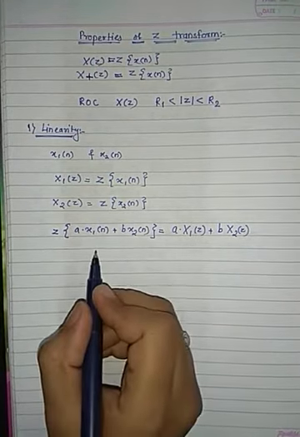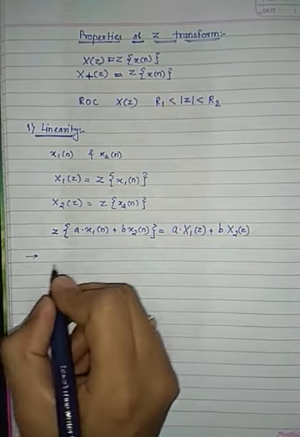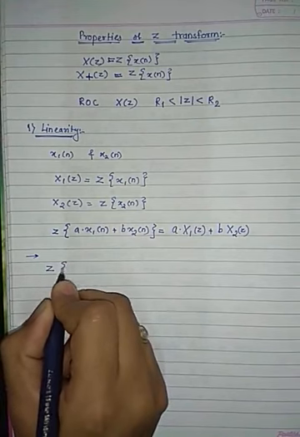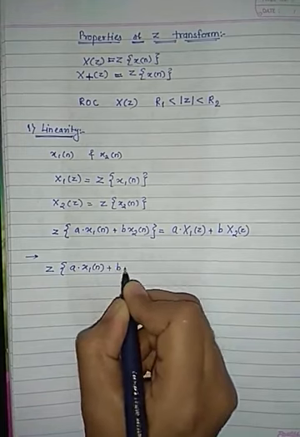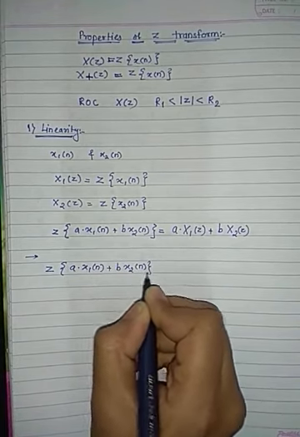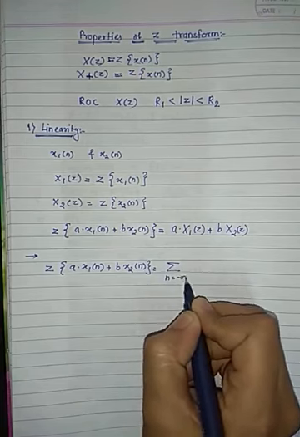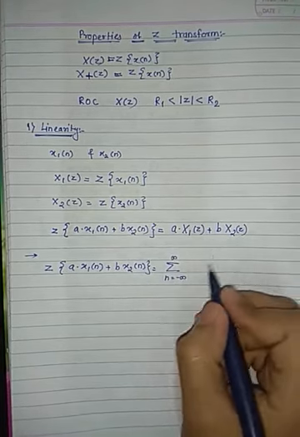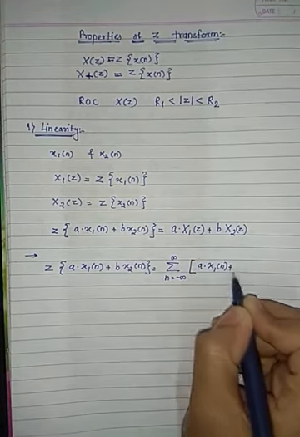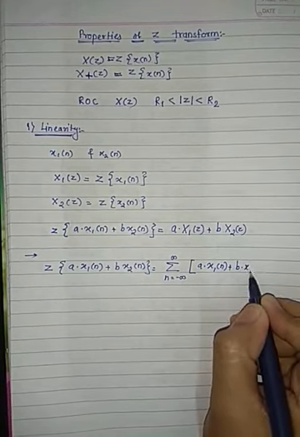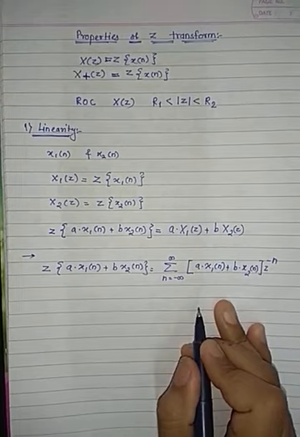Now we have to prove this linearity property. According to the definition of the Z transform, the Z transform of A x1 of n plus B x2 of n is equal to the summation from n equals minus infinity to plus infinity of the sequence A x1 of n plus B x2 of n, the whole multiplied by z raised to minus n.